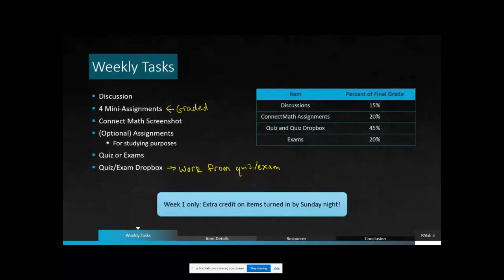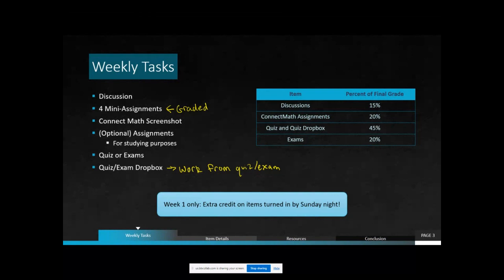Every week, this is what you have to do. You have your discussion. There are 4 mini assignments. I call them mini because they're only 5 questions. These are graded. And then you have to turn in a Connect Math screenshot. There is a tutorial of how to do this listed on the Dropbox item or the description in Blackboard.